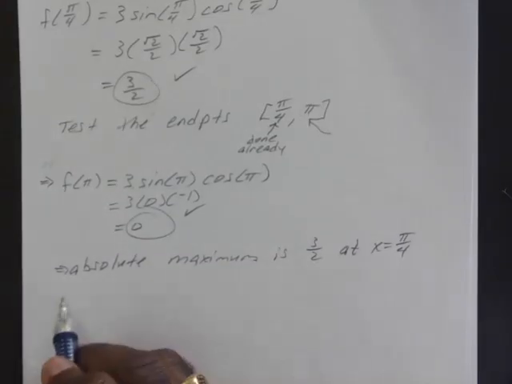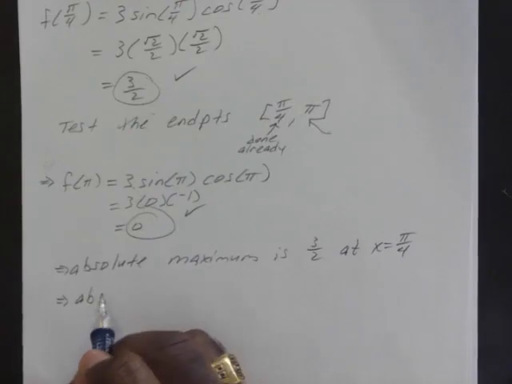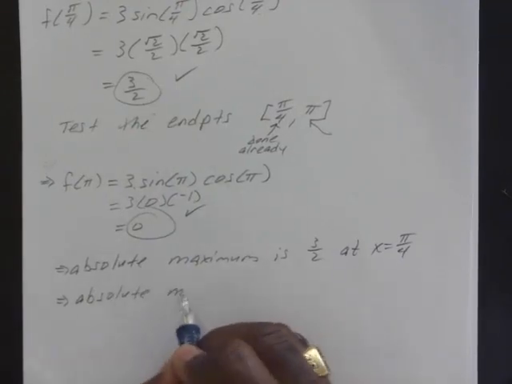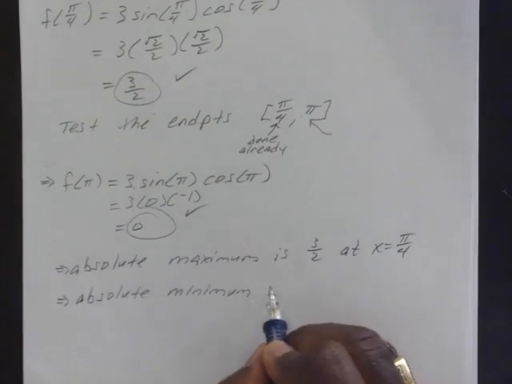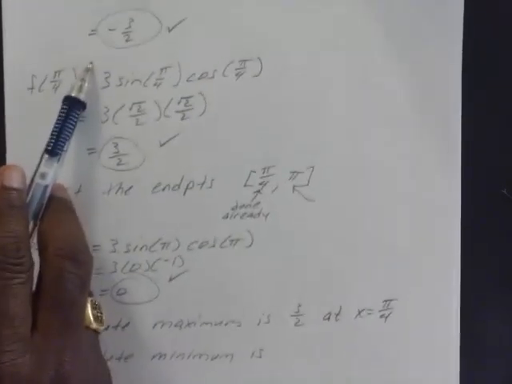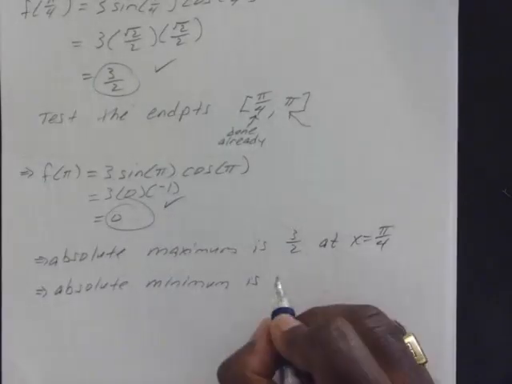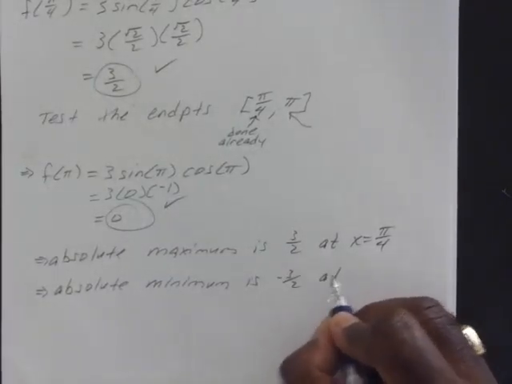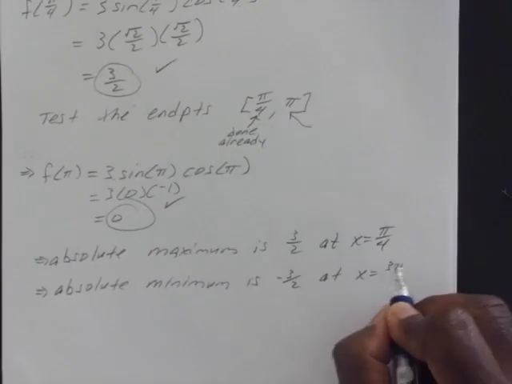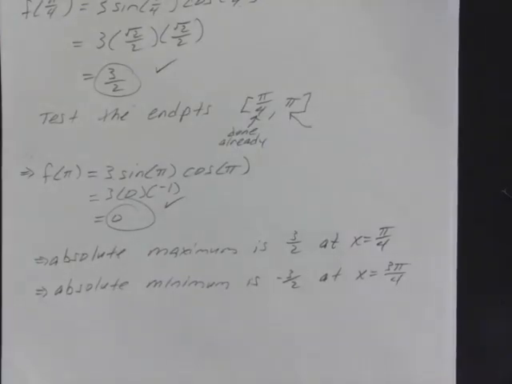And our absolute minimum is -3 over 2, at x is equal to 3 pi over 4. All right, any questions on that one?